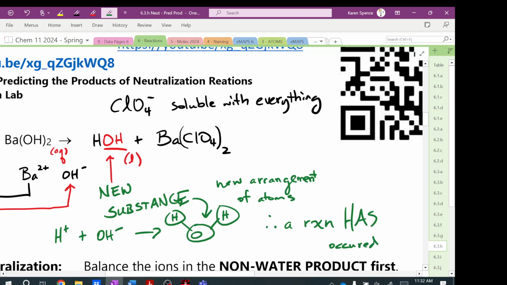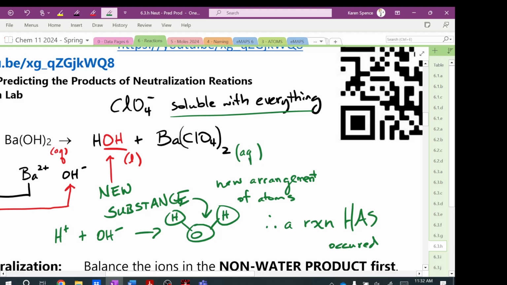So for double replacement, if you get a solid, a reaction has occurred. For neutralization, if you get water, a reaction has occurred. Okay. And that means because ClO4 is soluble with everything, barium chlorate would be what state?